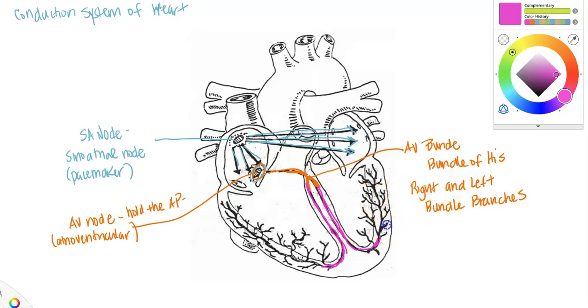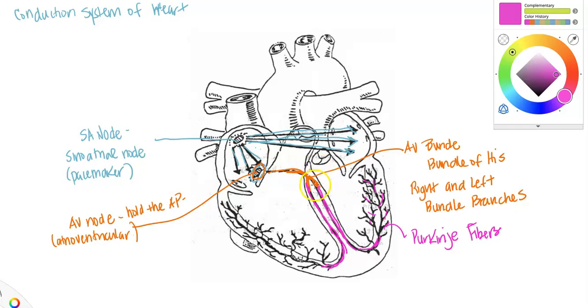And these little things are called Purkinje fibers. And these are what stimulate or depolarize the contractile cells. All these muscle cells get stimulated and contract.